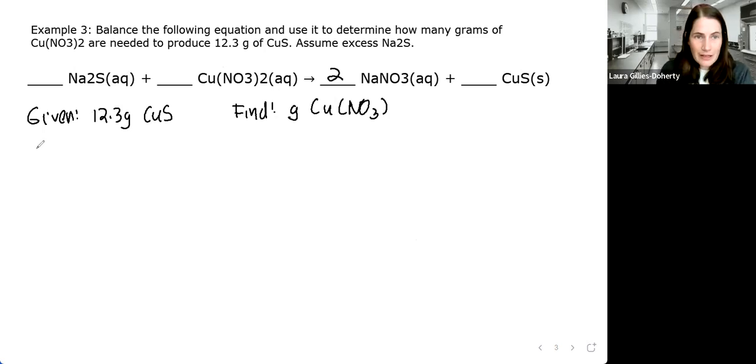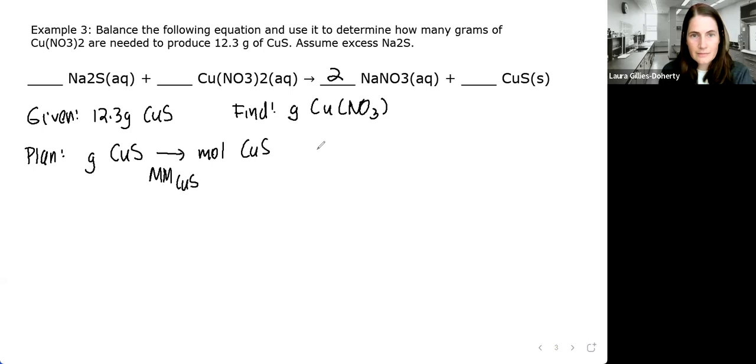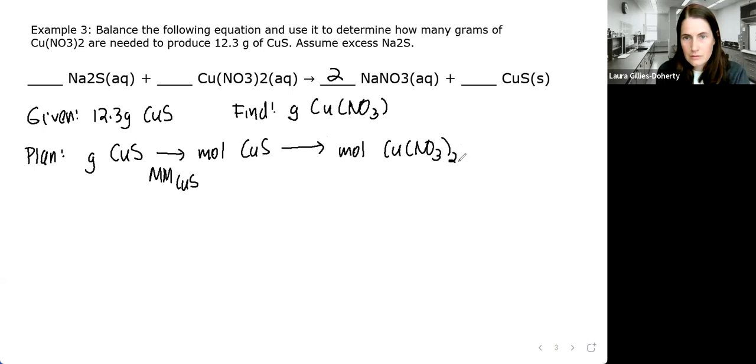Okay, so let's make our plan. We're going to go from grams of copper sulfide, that's our starting material, to moles of copper sulfide using the molar mass of copper sulfide. You always got to go through moles. And then from moles of copper sulfide, we can calculate our moles of copper 2 nitrate using the coefficients from the equation.